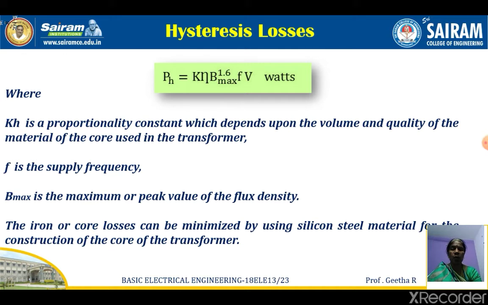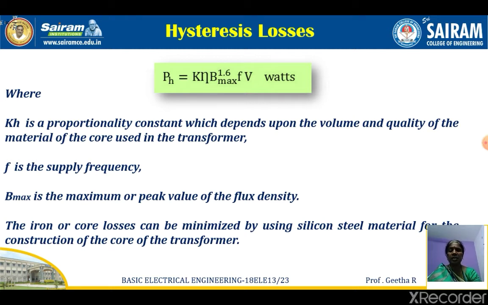F is the supply frequency. B maximum is the maximum or peak value of the flux density. V is the volume. The iron or core losses can be minimized by using silicon steel material for the construction of the core of the transformer.